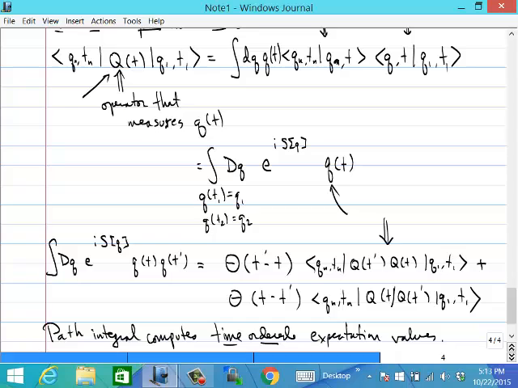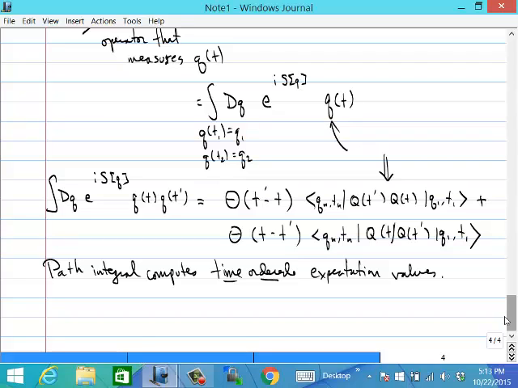And hopefully you remember in our discussion of Green's functions, in both the scalar and vector field case, I was particularly careful to define a kind of two-point function called the Feynman two-point function, which was a time-ordered product. The reason I did that is that it's precisely that object that's computed for you by a path integral.